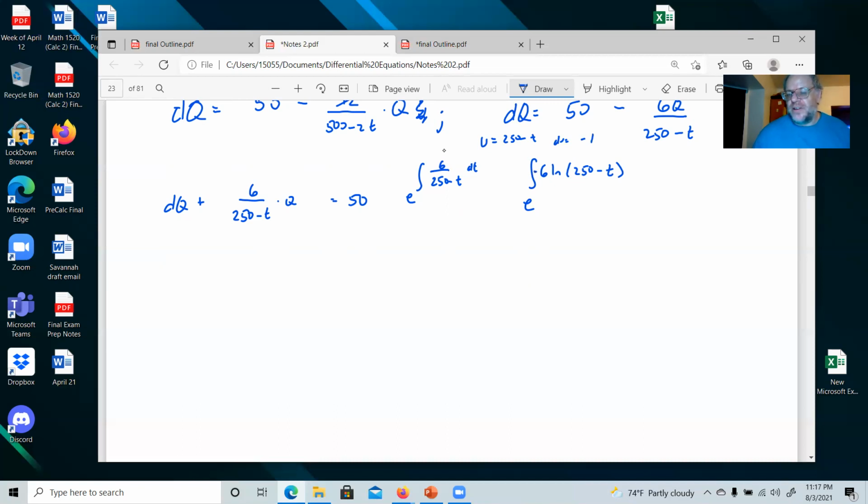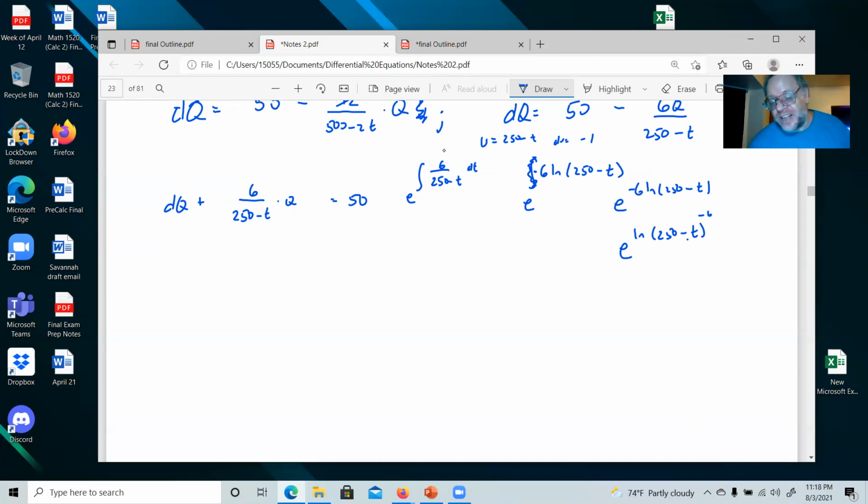So that's going to be e to the -6 ln 250 minus t. This was the most missed thing. This is the biggest mistake people made on this problem. This is 250 minus t to the -6. And to this day, I have to do it this way.